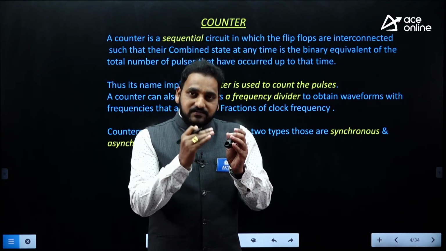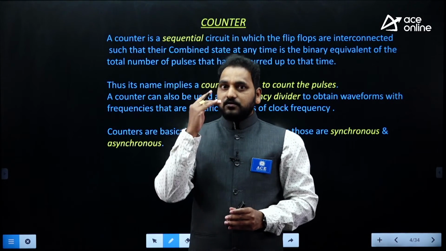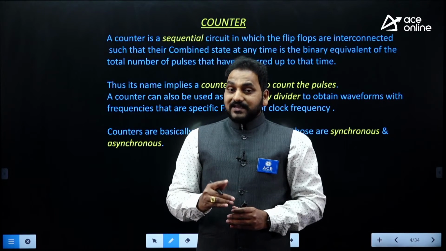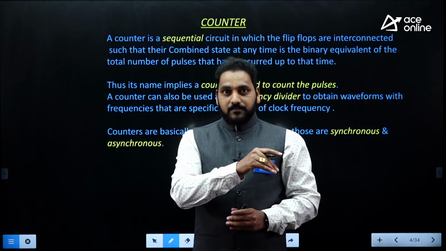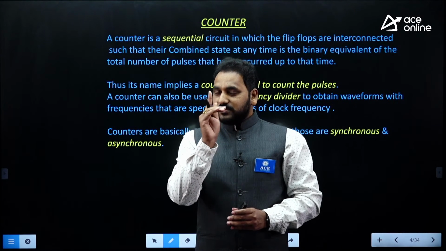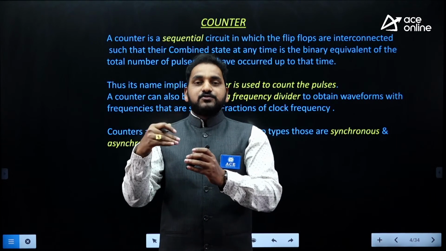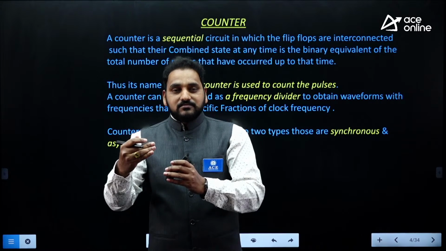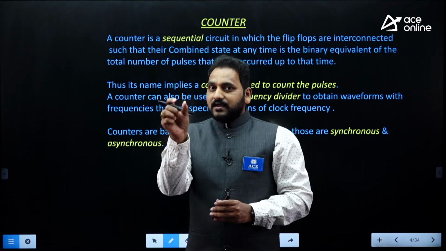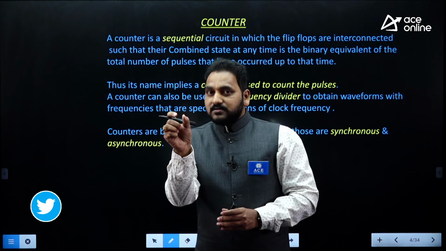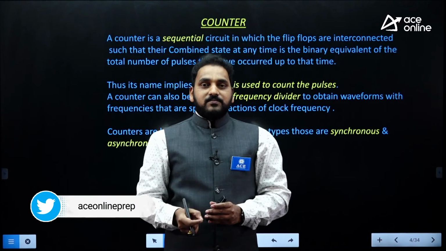So each and every flip-flop is clocked simultaneously in synchronous counters. Whereas in asynchronous counters, we are not going to provide the clock to each and every flip-flop. We provide the clock to the first flip-flop only, and the first flip-flop drives the second flip-flop as a clock. That means every flip-flop is waiting for the clock excitation from the output of its previous flip-flop.